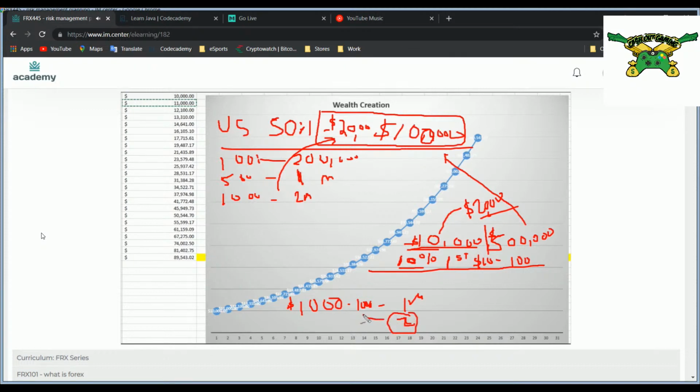And yes, it's $20 a pip. They make 50 pips, they made $1,000, and they think, "Wow, I did 100% on my money," but not realizing that if they lose those pips, you wiped out your account.